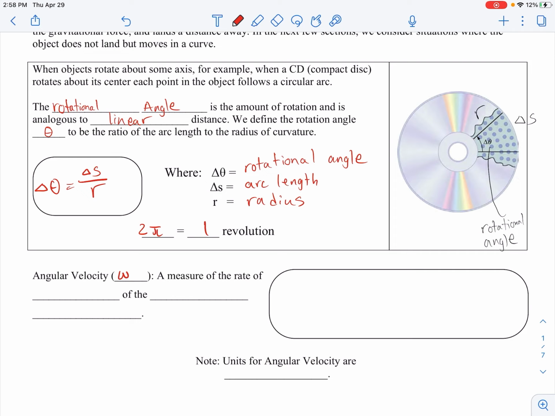And this is a measure of change of the rotational angle. And we can define this mathematically as omega. So it's not a W, it's omega, so it curves a little bit more inside. It's going to be theta divided by time.